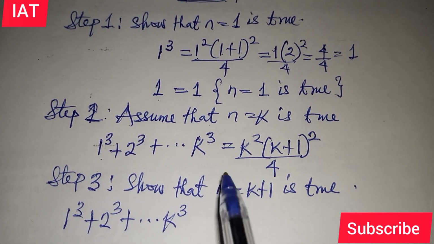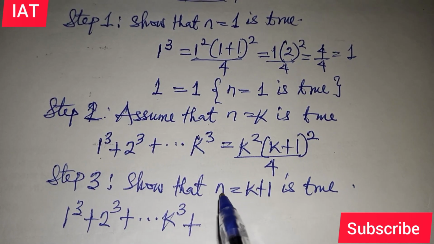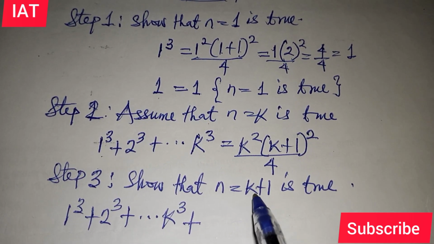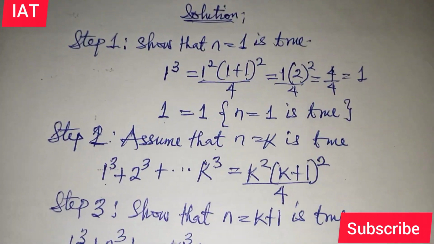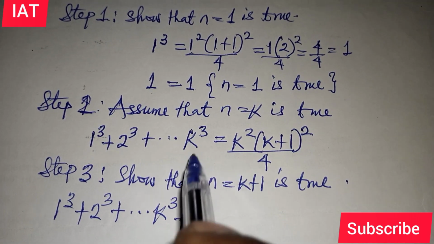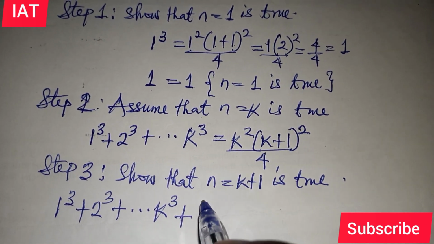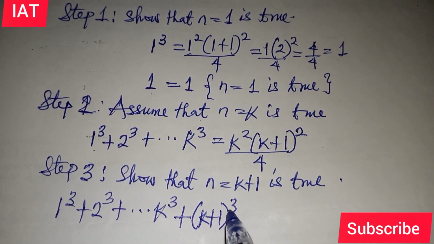Of course, in this step we want to replace our n with k plus 1. So we have to build from the assumption step, and then here we have k plus 1 all cube.